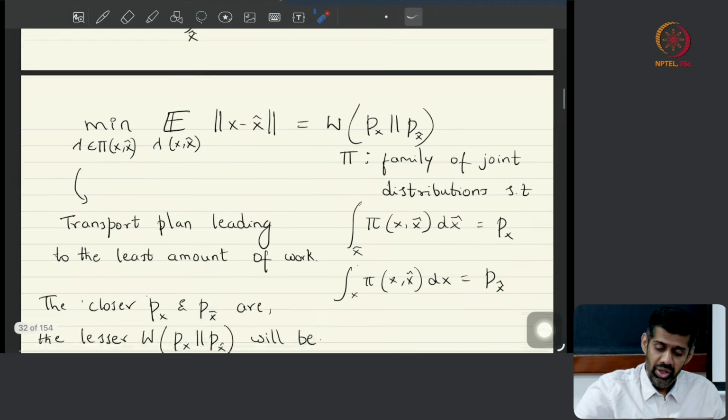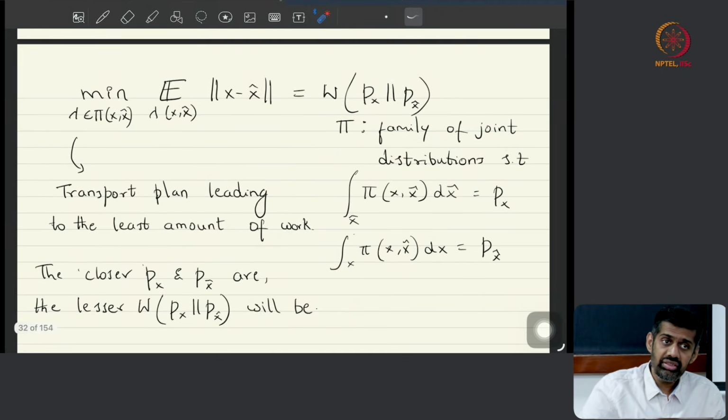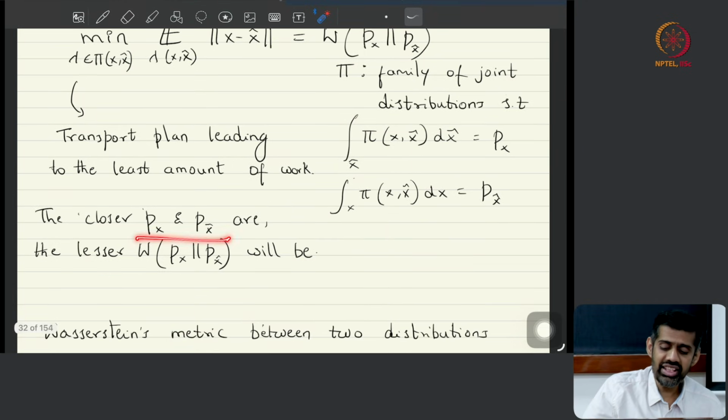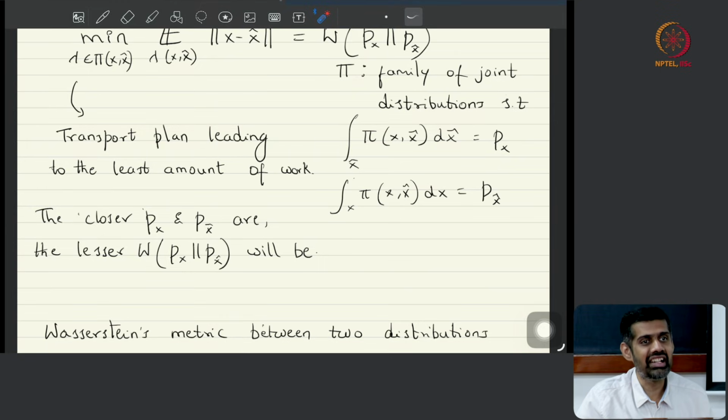Okay. Now the transport plan that leads to the least amount of effort is what you get by solving this optimization problem. Now here is the intuitive idea, right. The closer the distributions are, the lesser the least amount of effort that is needed to make one distribution into the other. So we do not care about the higher efforts that are needed.